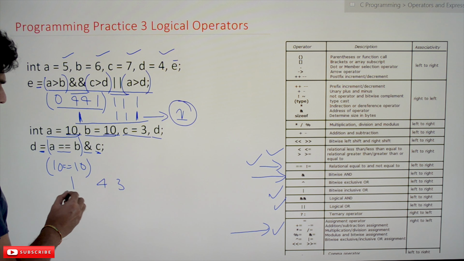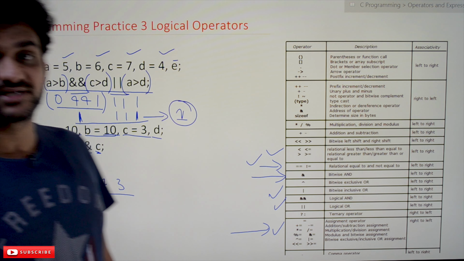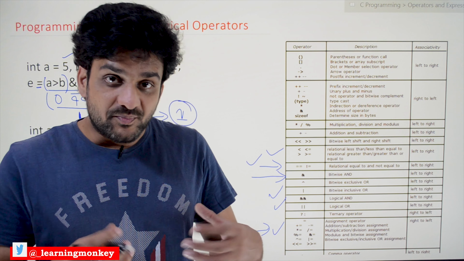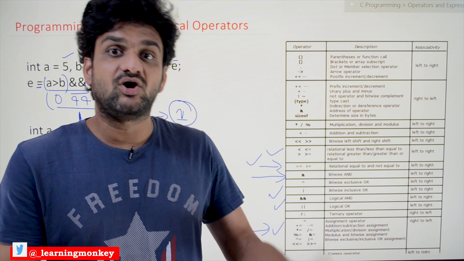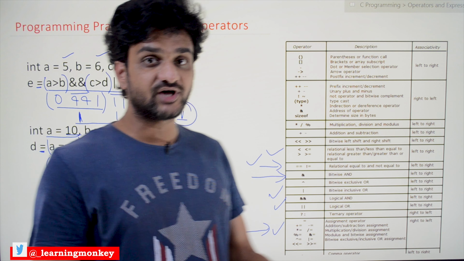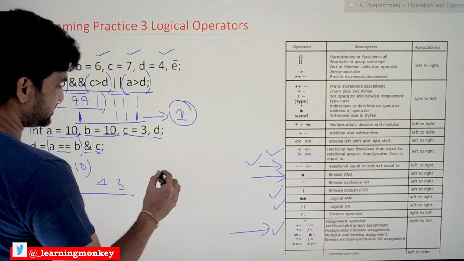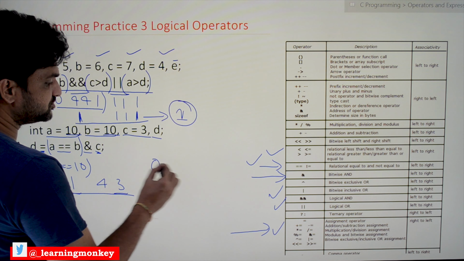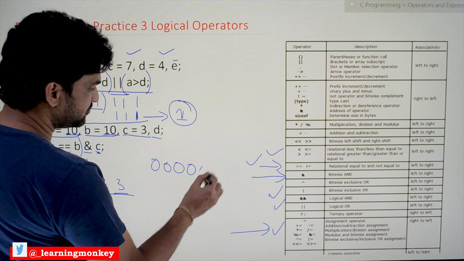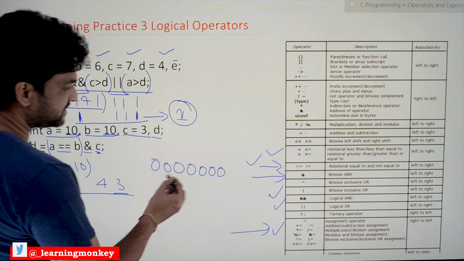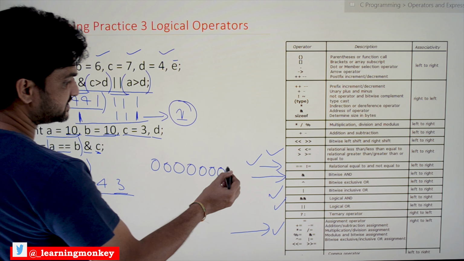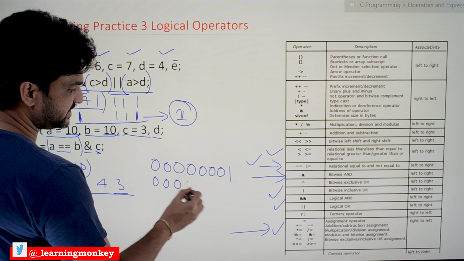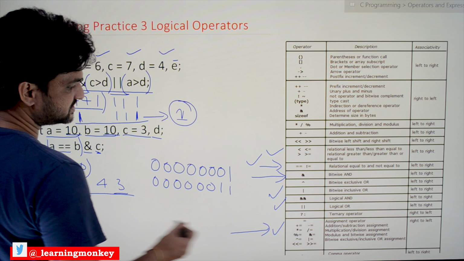And the value of C is 3. So this is a bitwise operator. As we have already discussed, bitwise operators are the operators where the operations are performed on the bits of the operands. So let's take them as 8-bit values. So 8-bit 1 and 8-bit 3. Here is the binary representation of 1 in 8 bits, and the binary representation of 3 with 8 bits is this one.